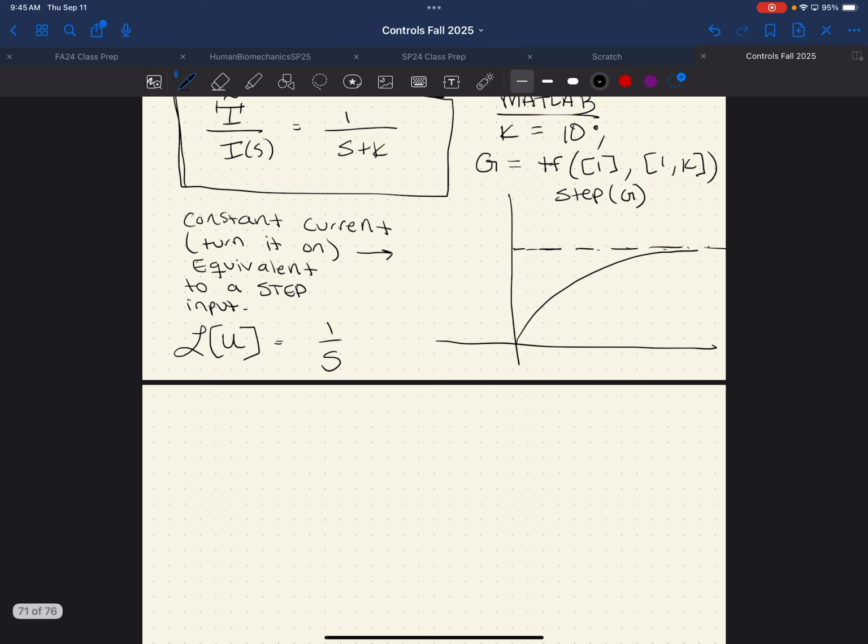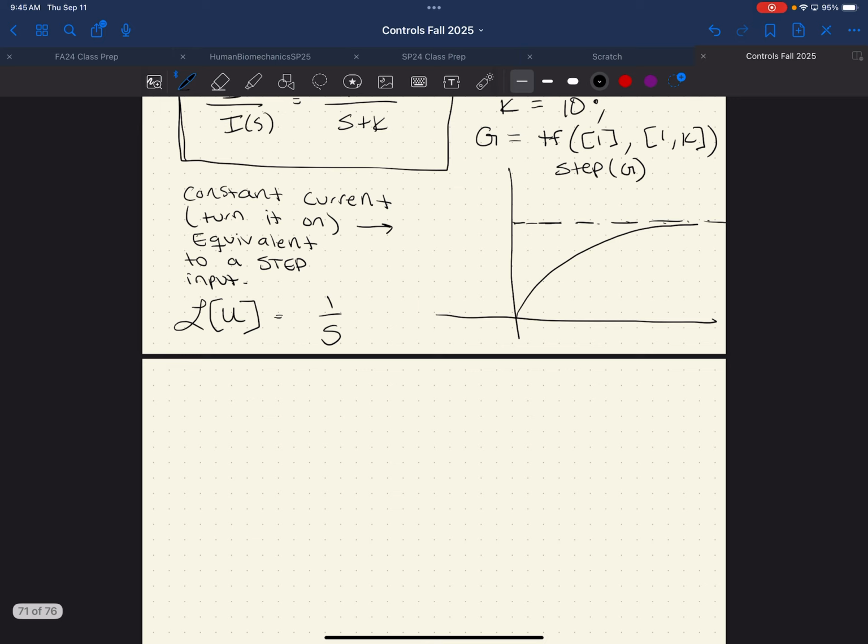Okay, so let's say I'm curious about this system's time response, which is how long it took to heat up.